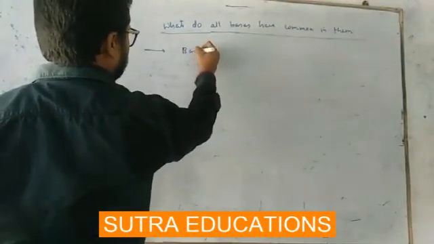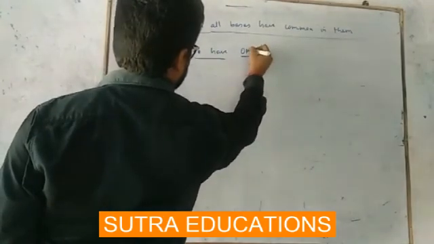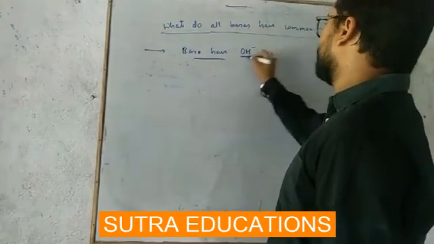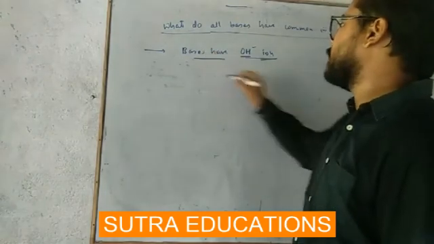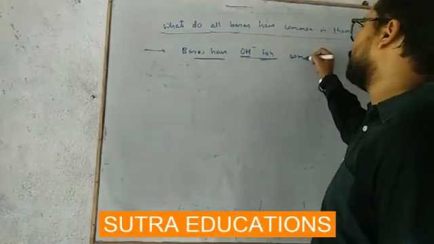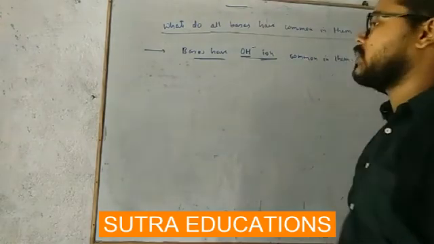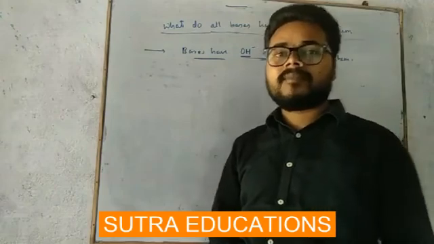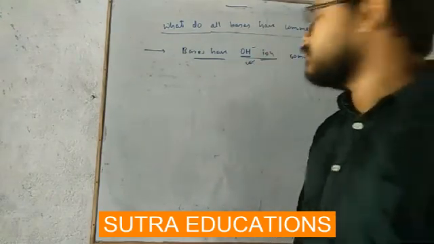Bases have OH minus ion. It is known as hydroxyl ion. Bases have OH minus ion common in them, as acids have H plus ion common in them. In the same way bases have OH minus common in them.